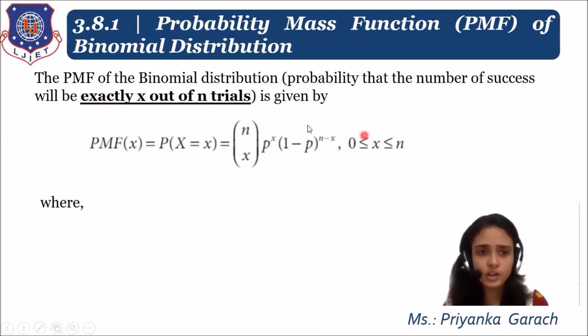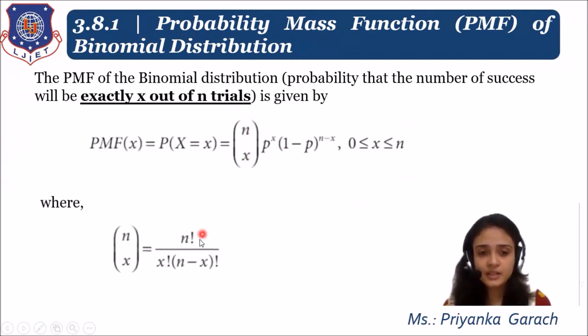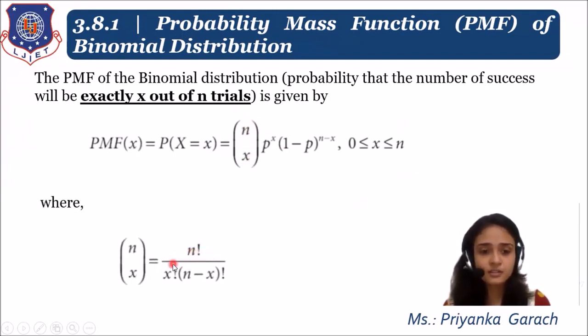This is the formula of the binomial distribution: capital X equals small x, which means n factorial divided by x factorial into n minus x factorial, into p raised to x into 1 minus p raised to n minus x. Again, this formula you have to note down on your paper.